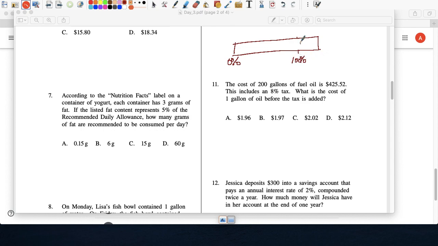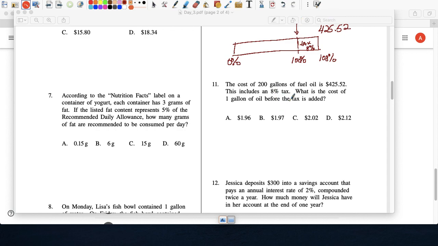And this plus tax, which is 8%, is going to take us to 108 right here. So we know that the price of the fuel with tax, which is the whole thing, is $425.52. But they're asking for the price without the tax.